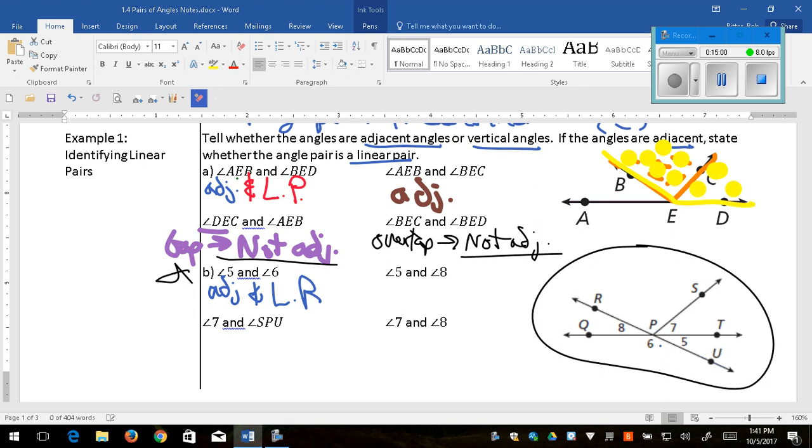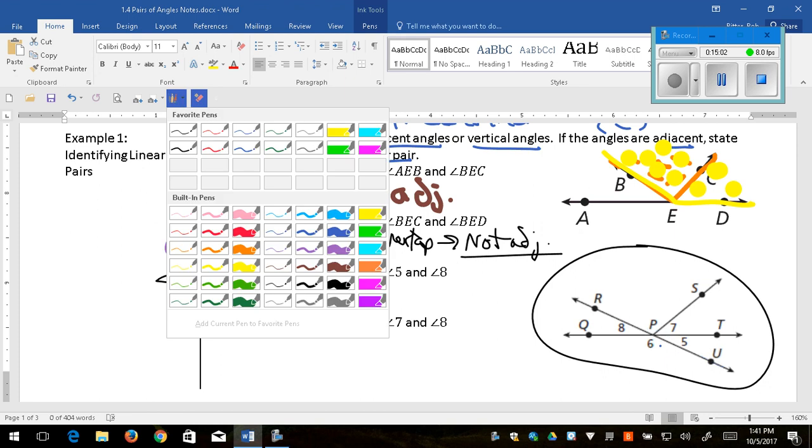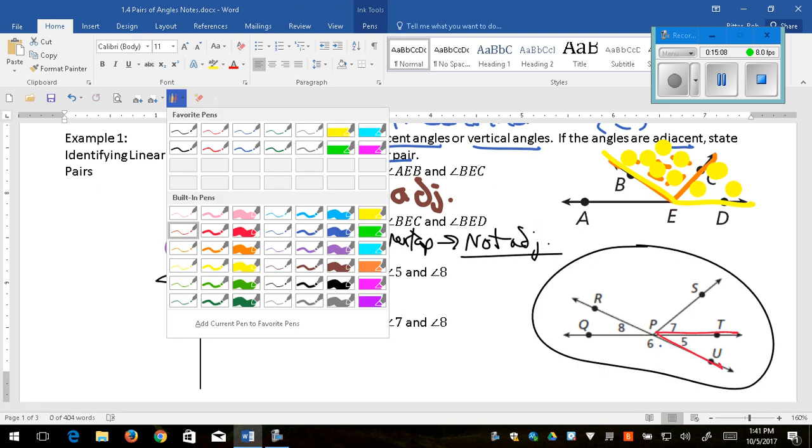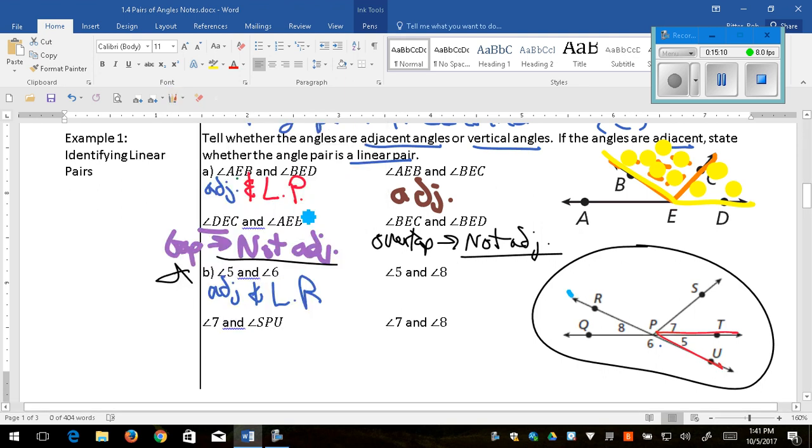Next, we're going to look at angles 5 and 8. Angle 5, or TPU, and angle 8, or RPQ. Now, if I look at that, I see a big old X, and I should have pointed that out for our vertical angles. With vertical angles, you'll often see a big old X when you trace the angles, and they'll be the ones that are pointing right to each other.